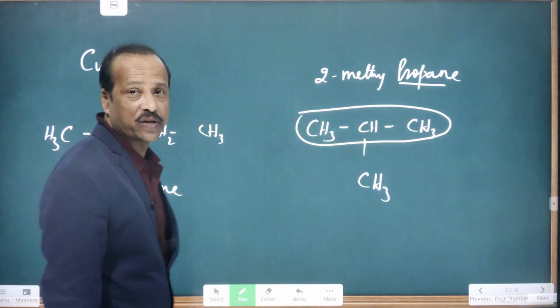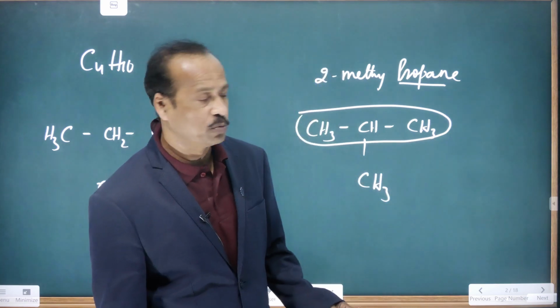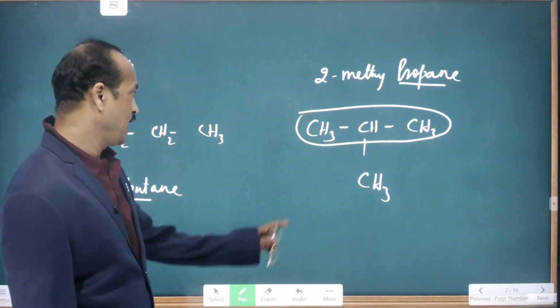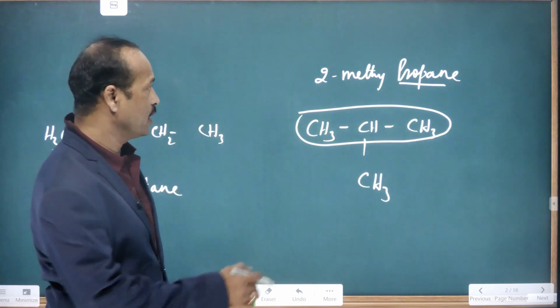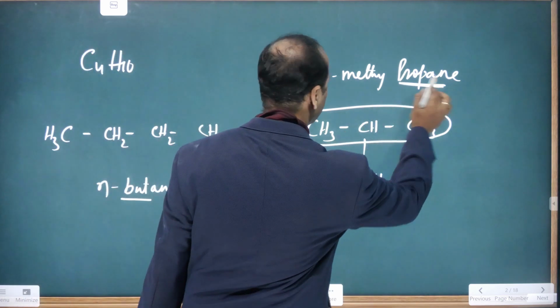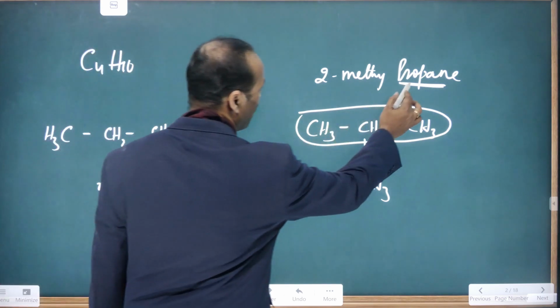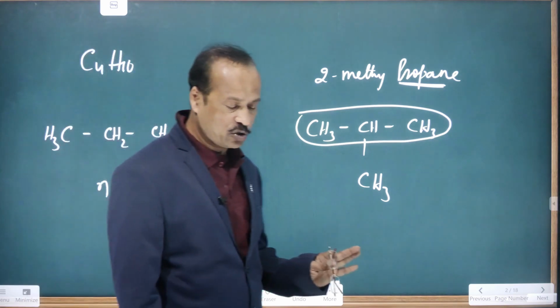Where there is a difference in the chain, this is called chain isomerism. Of course this is also called isobutane. In the chain we have to show the difference between the chains, so here we take but and here we take prop. This is an example for chain isomerism.